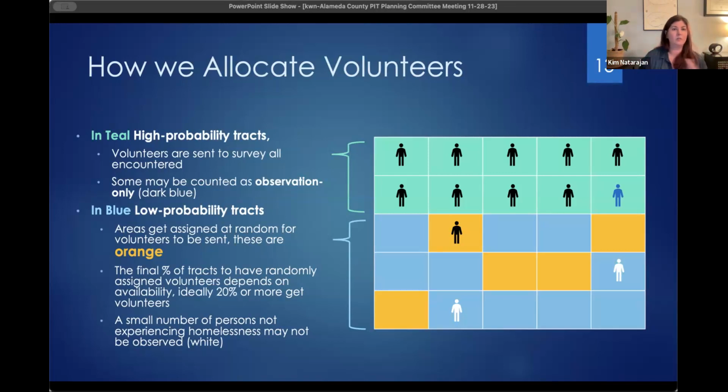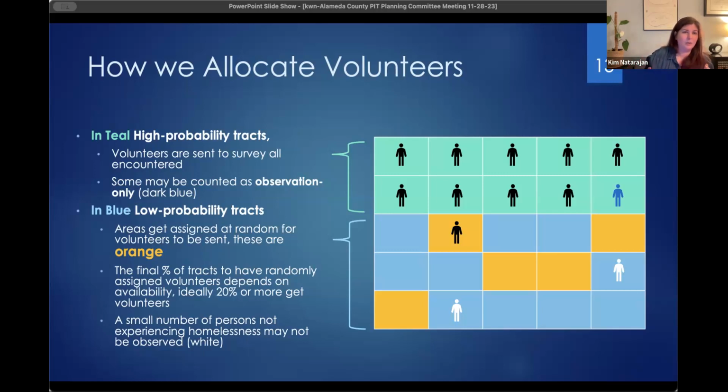And we're taking a random sample of orange boxes, and volunteers are actively going there. And you can see kind of from the picture, 1 of those volunteers found someone. Of the 5 orange boxes, 1 person was observed and was surveyed with a full survey with a volunteer in front of them. 2 people are still in the blue.